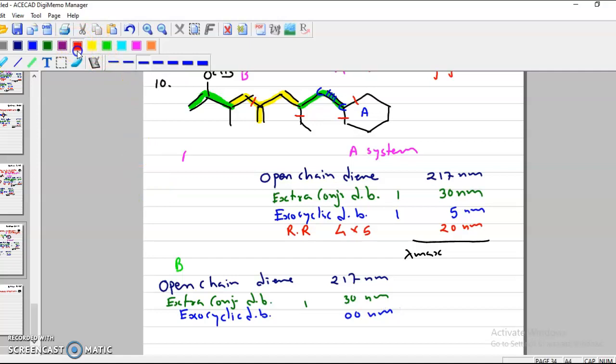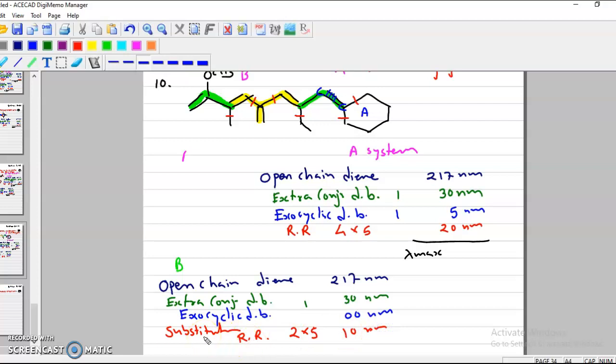Now substitution, and first of all we'll consider ring residues. How many ring residues are present along with this? Let us see this one. So for this system, this will be ring residue 1, then 2, only 2, because this is substitution. So 2 ring residues for this one, so we'll add 10 nanometer for this one.